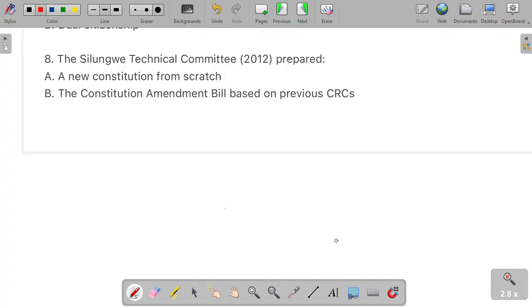Question 8. Let's go. The Silungwe Technical Committee of 2012 prepared what? Is it A, a new constitution from scratch? B, the constitutional amendment bill based on previous CRCs?